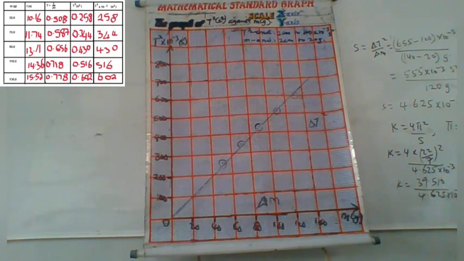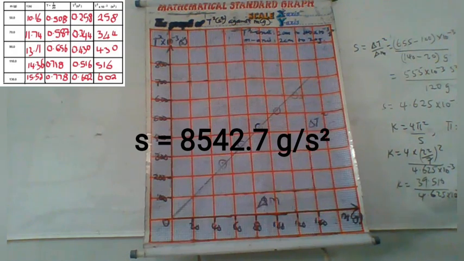So I'll divide this by 4.625 exponential minus 3, and that gave me 8,542.7 grams per second squared.